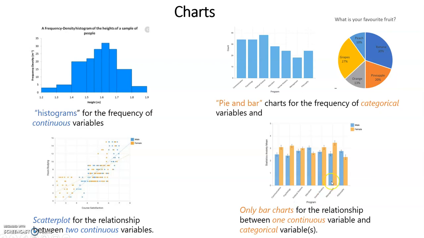And as I explained, the bar chart has more options, and you can put other categorical variables combined in this way, and you can find the frequency of the one continuous variable. So this is really practical to represent the different variables between categorical and continuous variables.